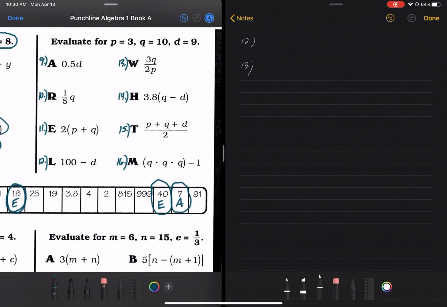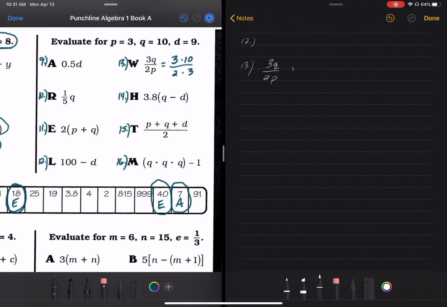So 13 says 3Q over 2P. Comma. So 3Q. Q is 10. So I can say 3 times 10 over P. P is 3. 2 times 3.